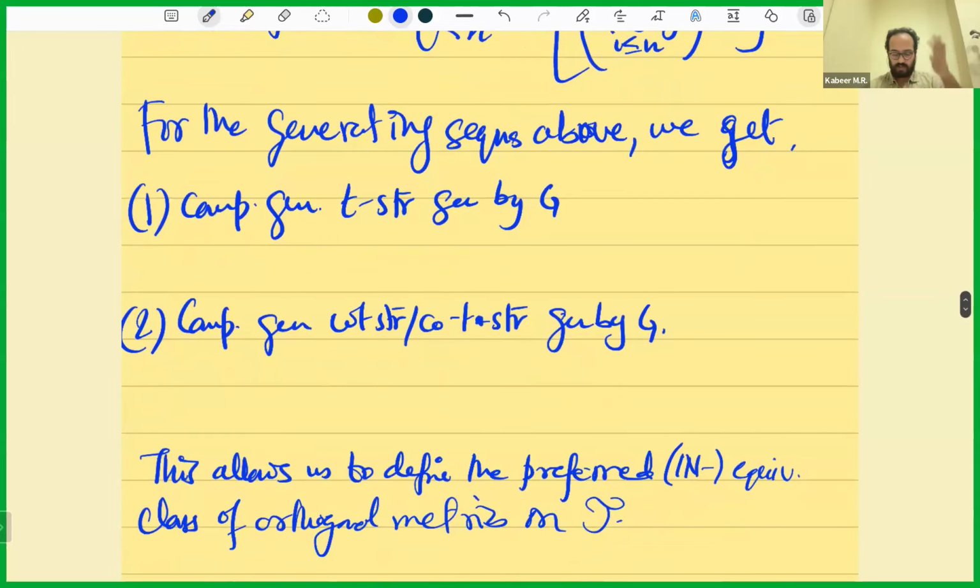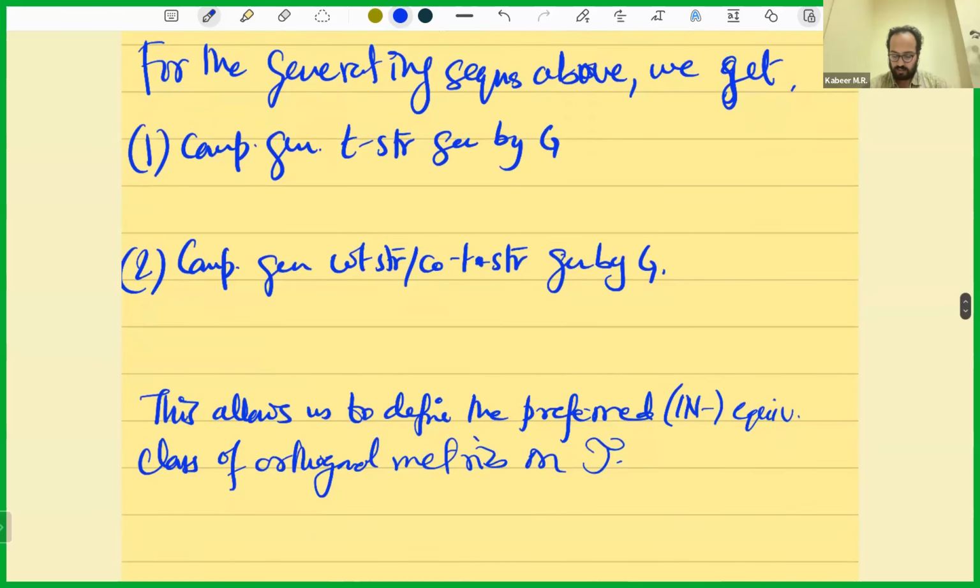This allows us to define the notion of a preferred equivalence class of orthogonal metrics on T, which might be interesting to people who have seen some of Neeman's work, because he defines the notion of a preferred equivalence class of t-structures, and there are analogous notions. I'll not dwell too much on this for now, just for the sake of time.